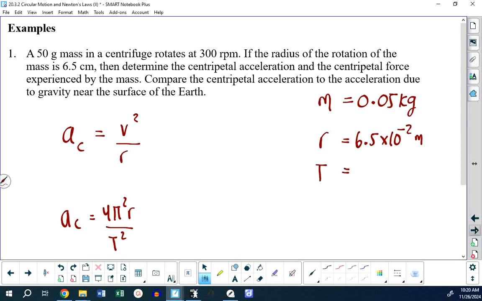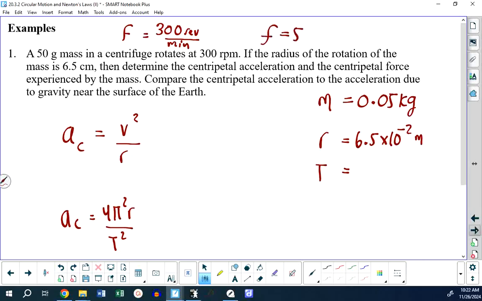Well, 300 revs per minute is a frequency. It's not the frequency with standard units, but it is a frequency of rotation. What do we have to do to that to get it into revs per second, which is the standard? Divide by 60.